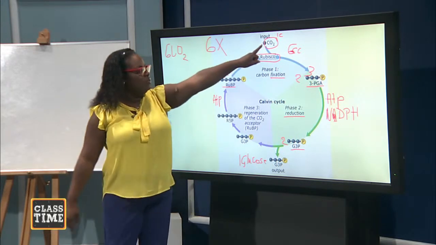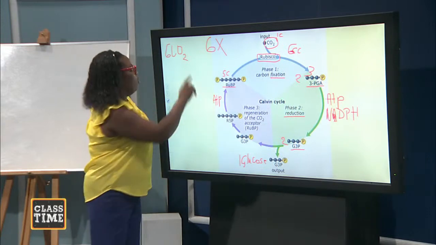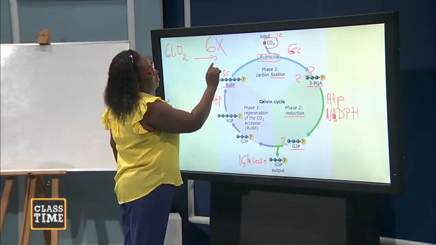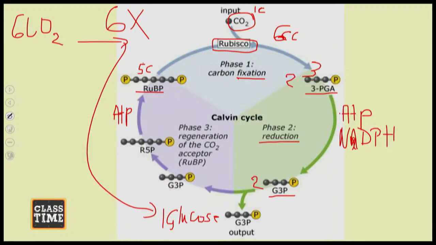So the 6 CO2 has to go through this cycle for that eventually will lead to the one glucose molecule being made. Okay? If you remember the equation correctly.